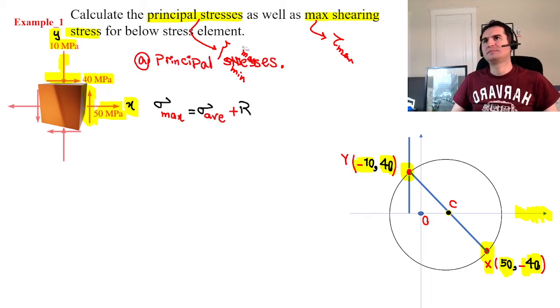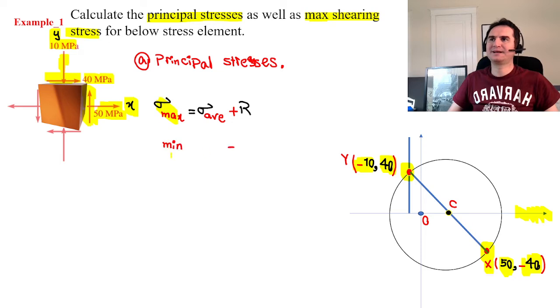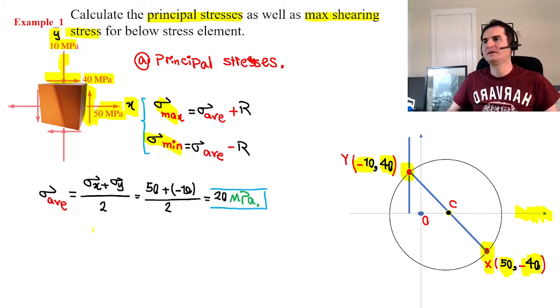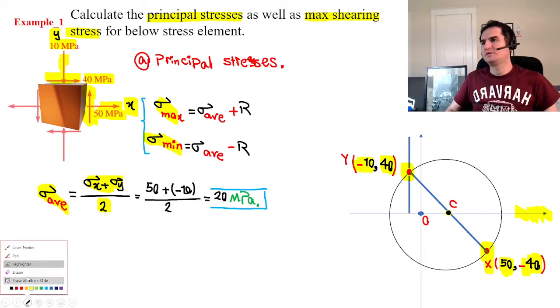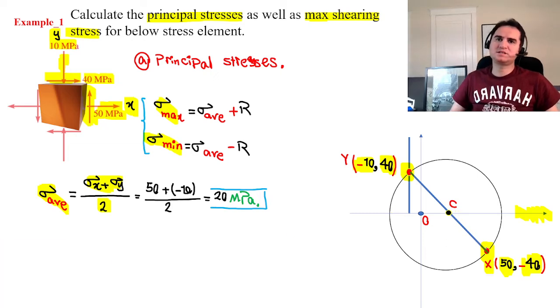If we draw the circle based off these 2 points, we want to know what the principal stresses are, that's sigma max and sigma min. Let's see how we can solve that. Sigma average is sigma x plus sigma y over 2.